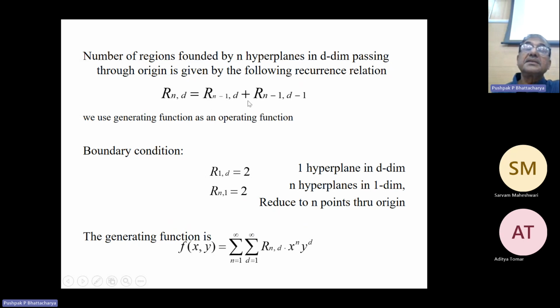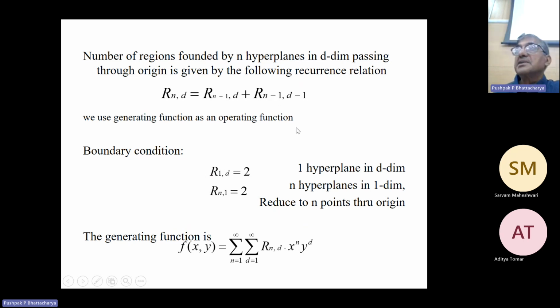This recurrence relation is based on the fact that when the nth hyperplane comes in, n hyperplanes passing through the origin in the d-dimensional space produce R(n,d) regions, which is equal to the number of regions produced by n-1 hyperplanes in the same space, plus the number of regions produced on the nth hyperplane, which has dimension 1 less, that is d-1, with all the existing hyperplanes intersecting on the nth hyperplane. The number of regions produced is R(n-1,d-1).